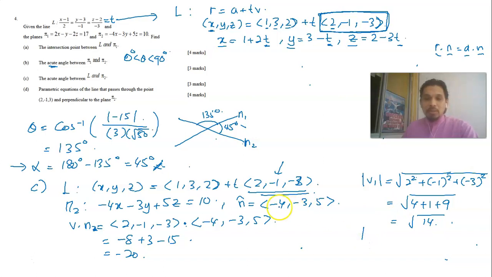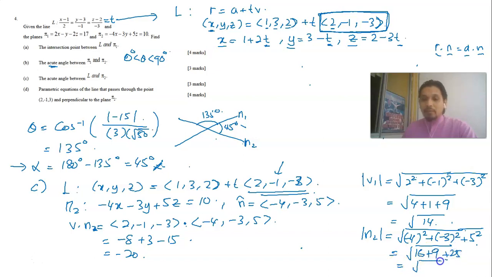And modulus of n2 equal to square root of -4 square plus -3 square plus 5 square. 16, 9 plus 25. So 16 plus 9, 25 plus 25 equal to square root of 50.